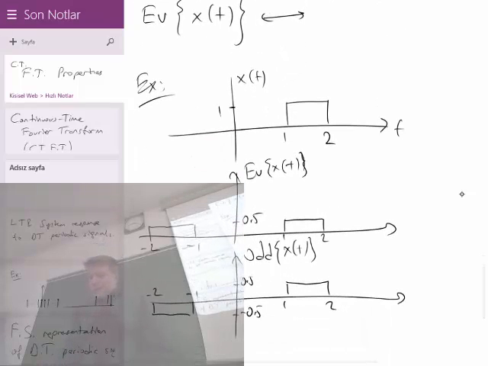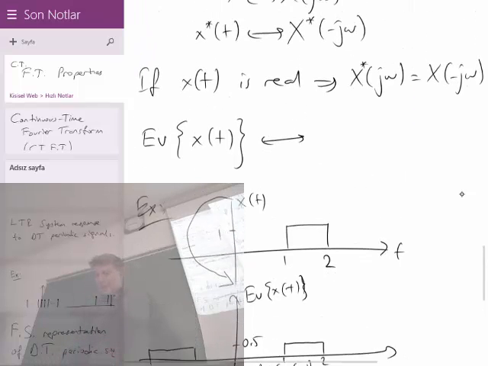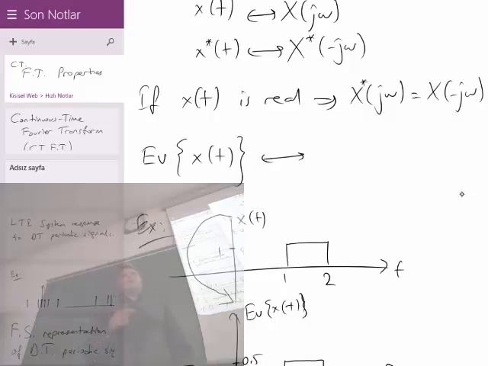So when you take the even part of a signal, which means a mapping from x of t to the even part of x of t, what would the Fourier transform of it be? How do we translate the Fourier transform?